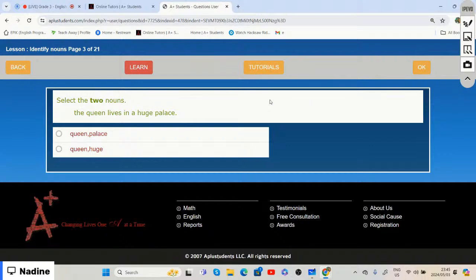All right, and if we select the two nouns, we can either say is it option one or option two?